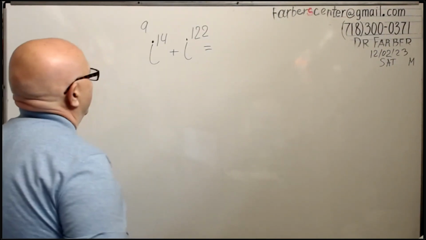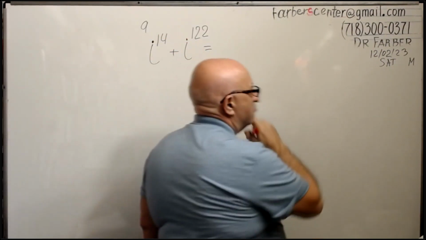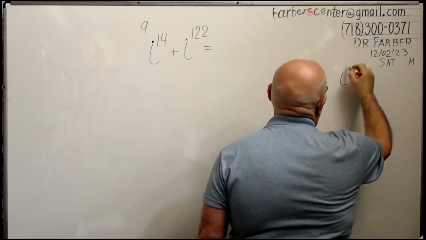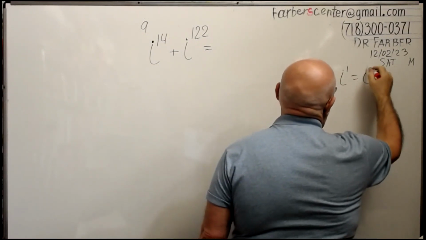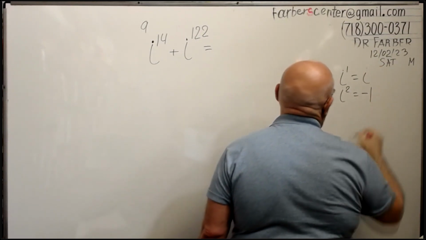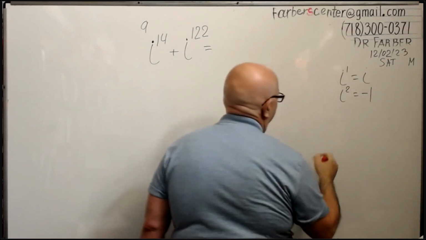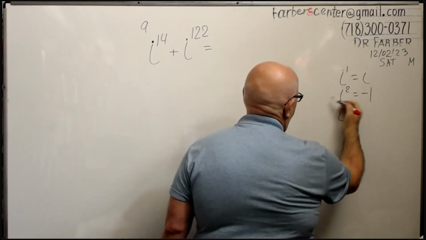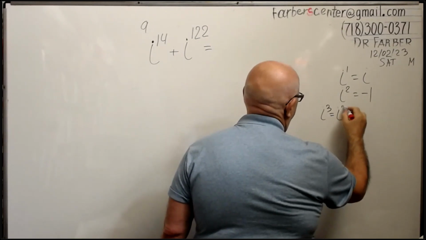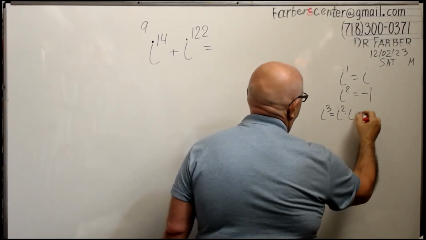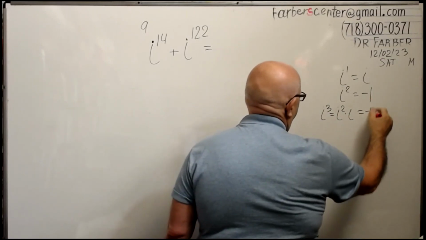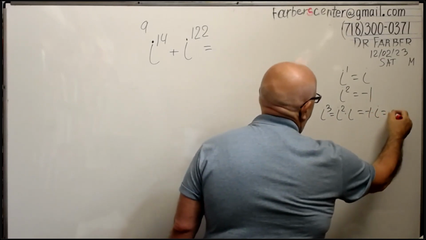So keep in mind, we looked for a pattern. For instance, i to the first is i. i to the second equals -1 by definition. i to the third equals i to the second times i. Since i to the second is -1, times i equals negative i.